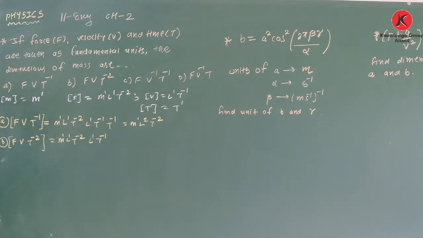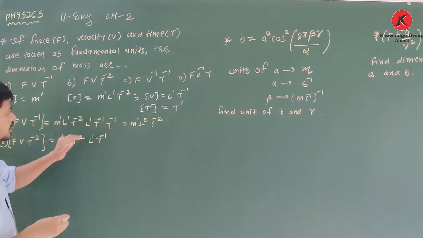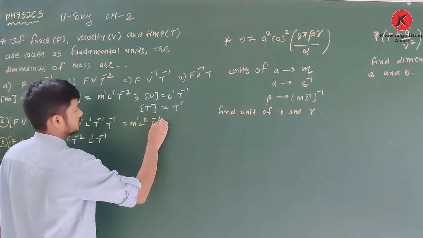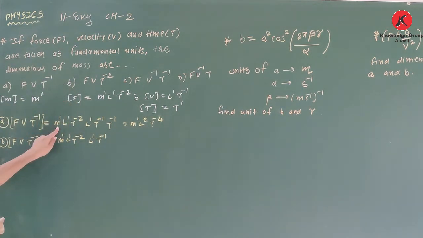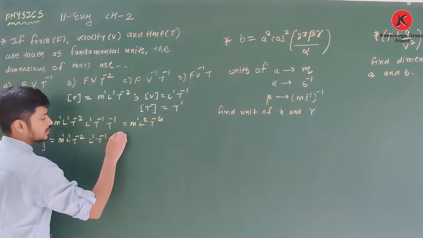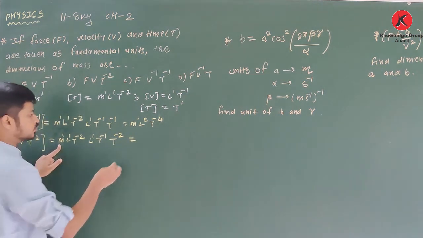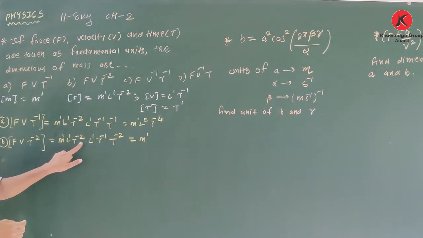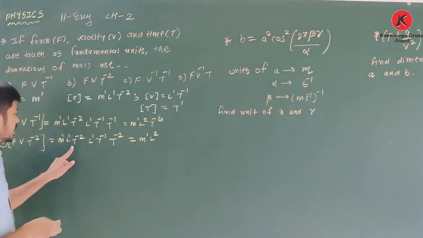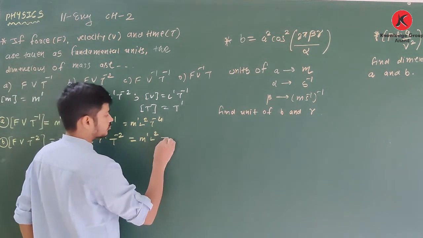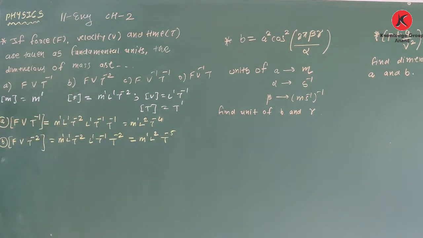Here T minus 2, T minus 1, T minus 2, so it will become T minus 4 for the first two, and with the third T raised to minus 2. Then only M1, L1 times L1 means it is L2. And what about T minus 2, T minus 1, T minus 2? So it is T minus 5. So yes, option B is also wrong.